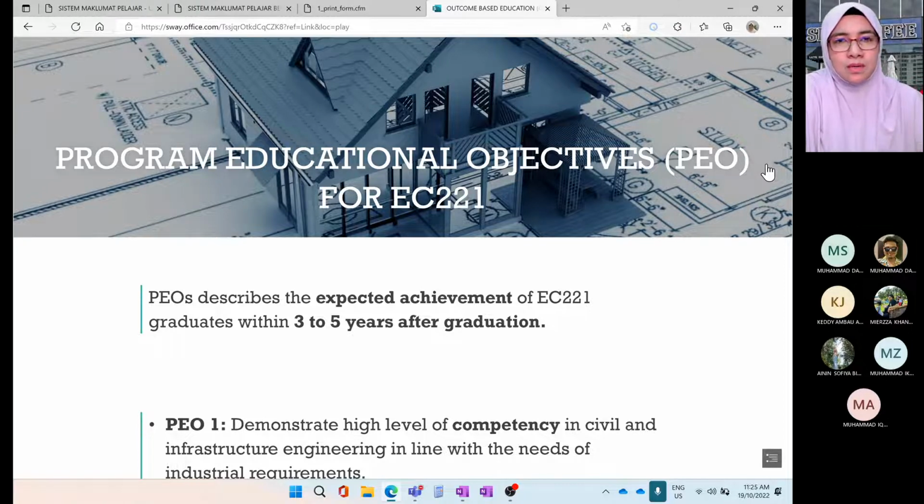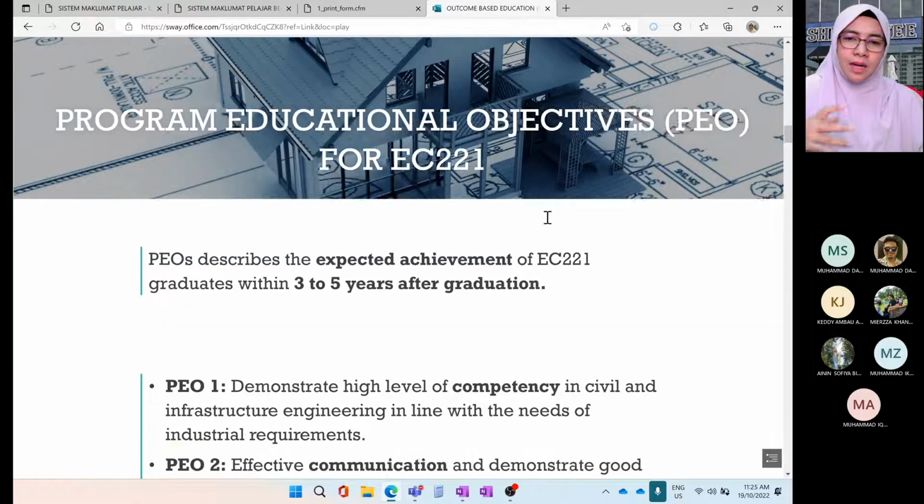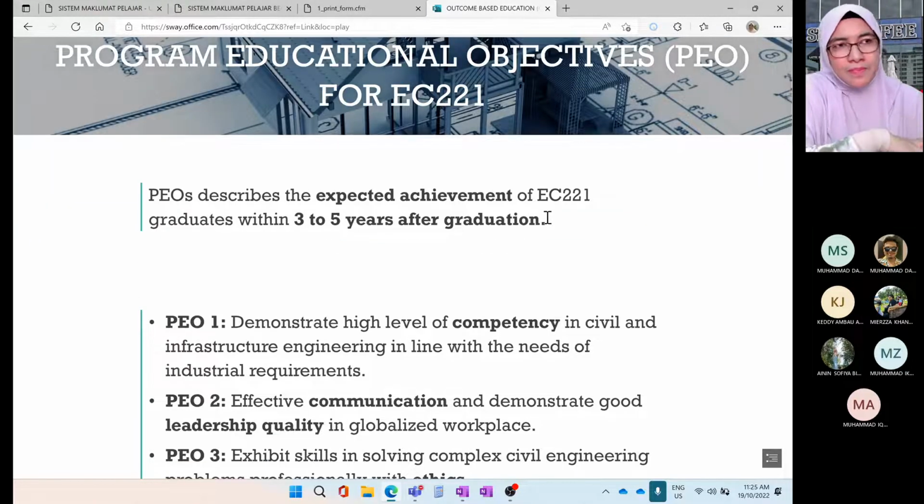Then we have the Malaysian standard called the EAC standard, and at the same time our program also has to meet the MQF, Malaysia Qualification Framework. Any program, especially an engineering program, has a program educational objective.